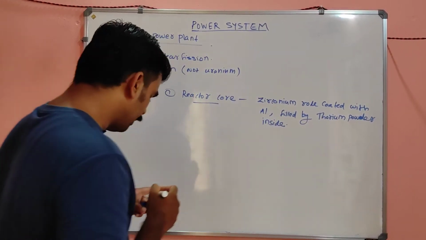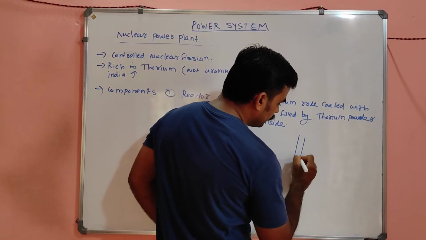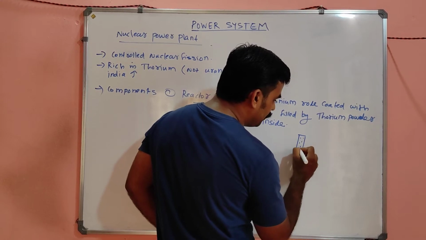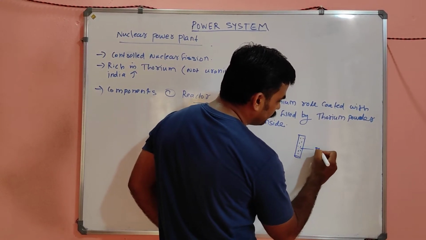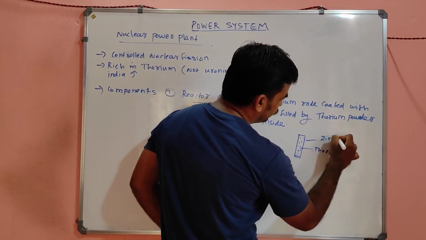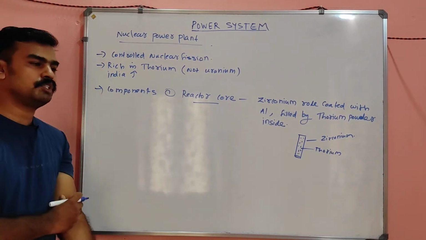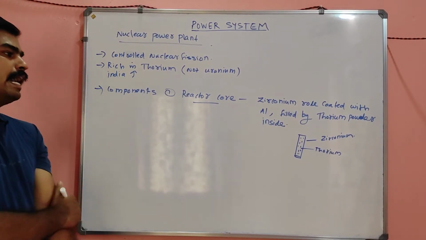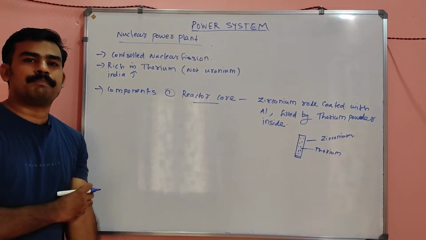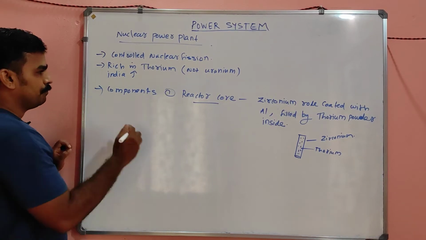That means there will be a rod made of zirconium, and inside that there will be pellets of thorium. That is the reactor core, where we provide the material for fission.